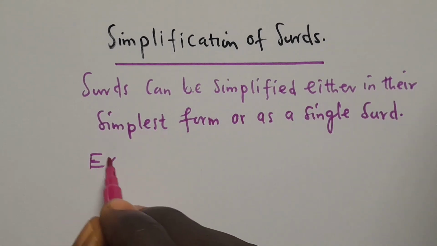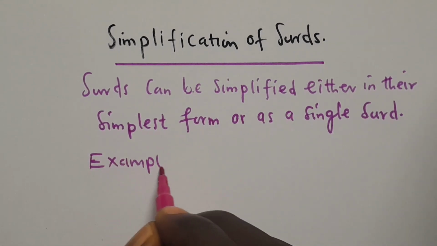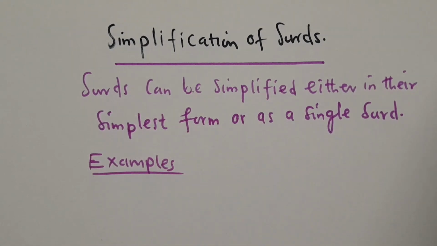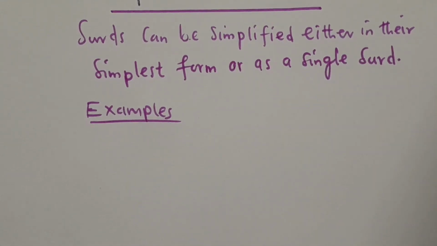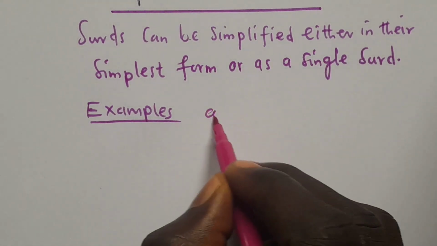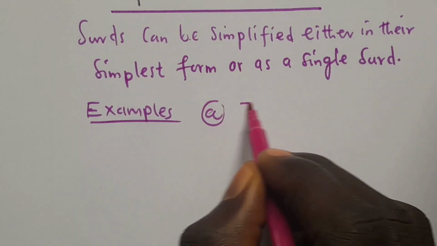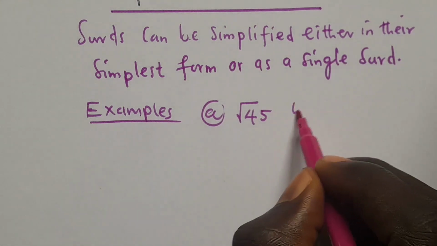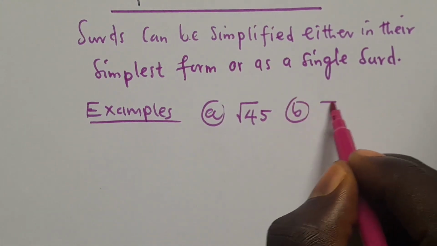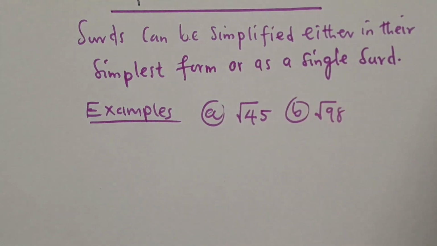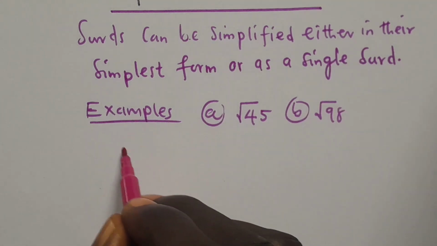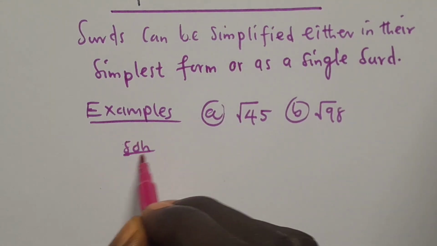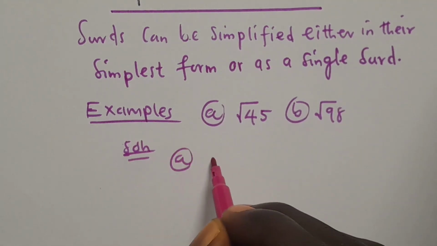Now let's take a look at some examples under this. We have A to be square root of 45, which we want to simplify. We have B to be square root of 98. Then we have the solution.